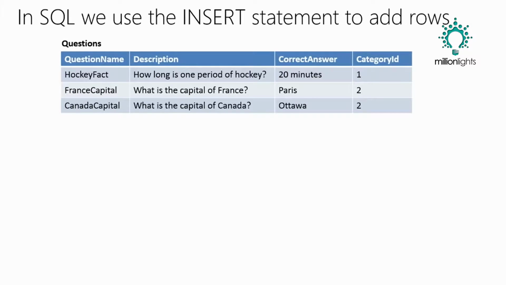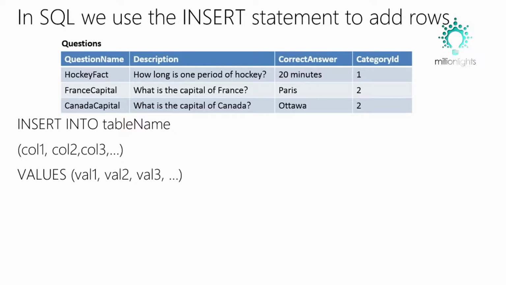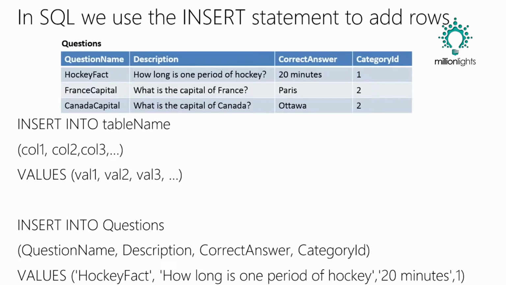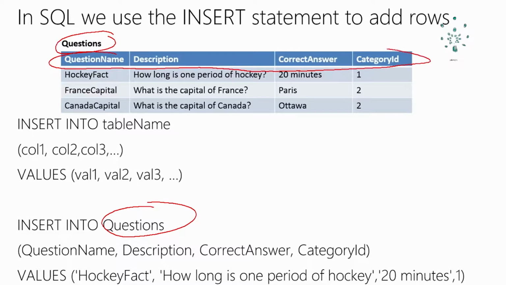So the insert statement is the command we use in SQL to add rows to a table. It's basically insert into a table name, you say what the column values are that you're providing values for, and then you pass in the values. So imagine for a second the table name is questions, so we say insert into questions. We list our column names here: question name, description, category ID, and so on.